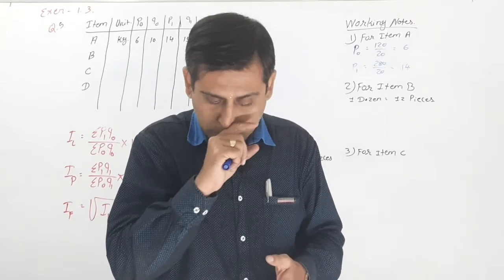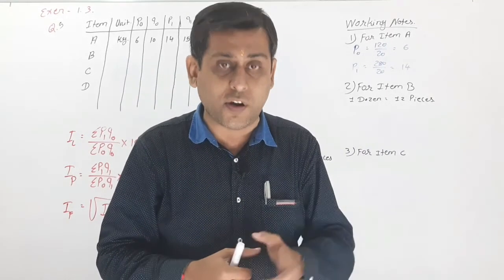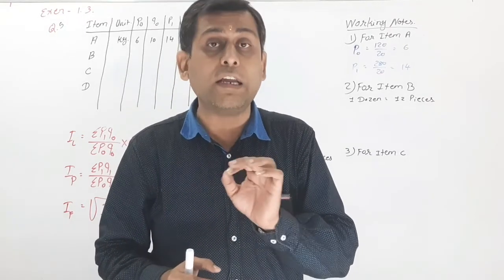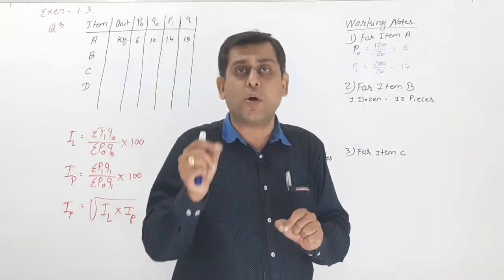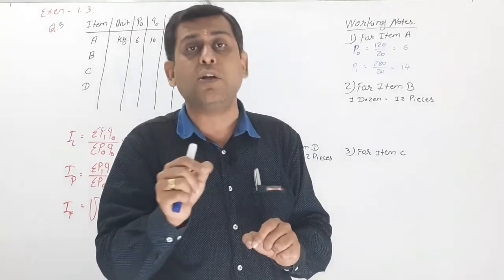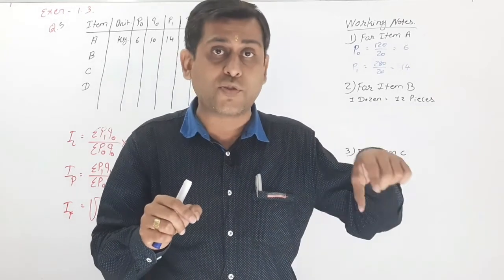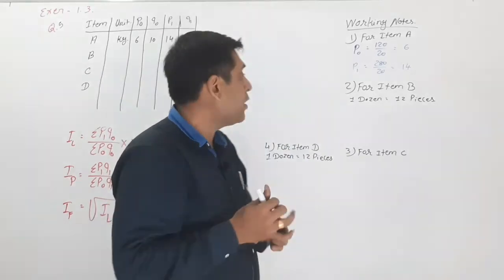And here see, in the quantity column dozen is already given for the base year, but in the current year 48 pieces is given. So we have to convert that 48 pieces into dozen, and we have to divide the extra 5 by the price of that particular year.